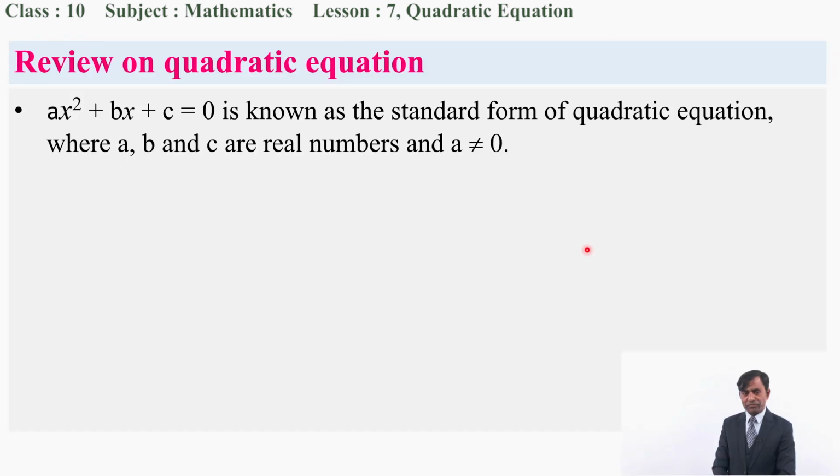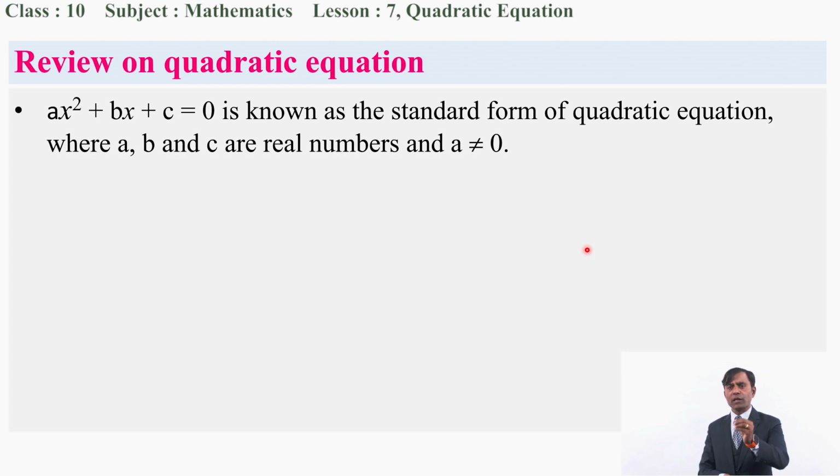Let's see here. We have done quadratic equations. Which form is a quadratic equation form? It means the standard form of a quadratic equation. And what are a, b and c here? ax square plus bx plus c is equal to 0 is known as the standard form of a quadratic equation, where a, b and c are real numbers and a is not equal to 0.